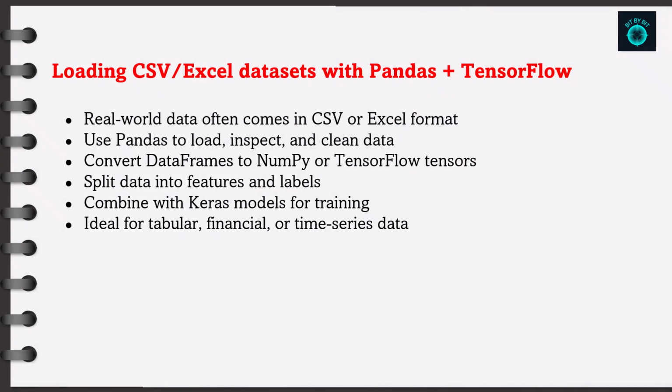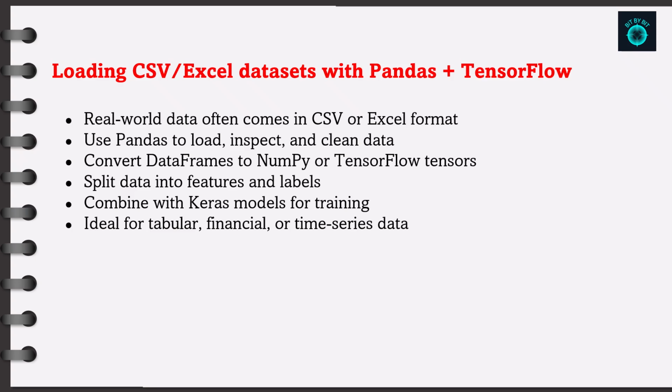Loading CSV or Excel datasets with Pandas and TensorFlow. In real-world projects, most data doesn't come neatly packaged like MNIST or CIFAR-10. Instead, you'll often get your data in CSV or Excel files, for example, exports from a business system or a data warehouse. To handle this, we use Pandas, a powerful Python library for data manipulation.